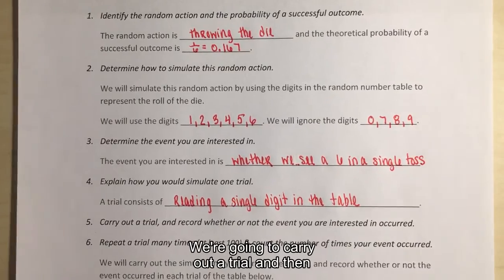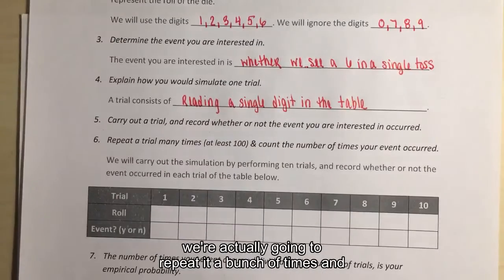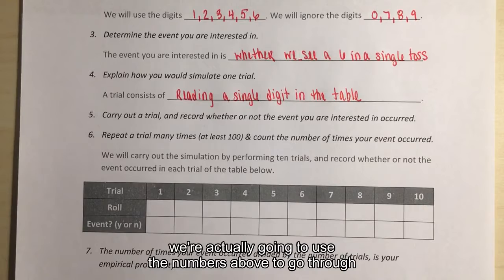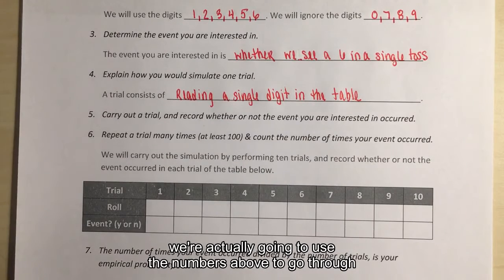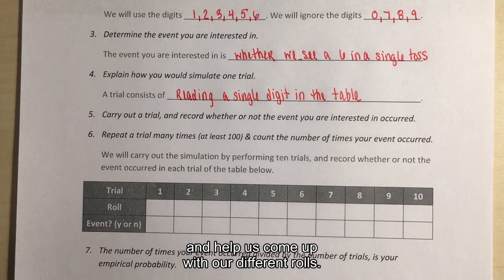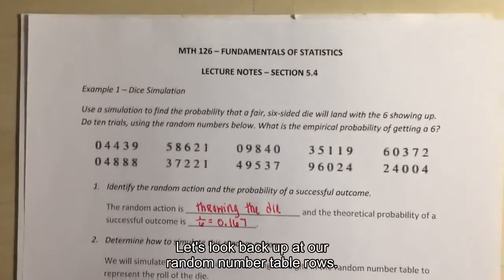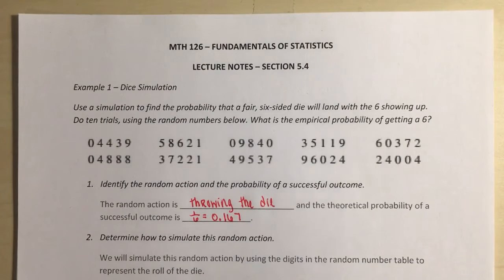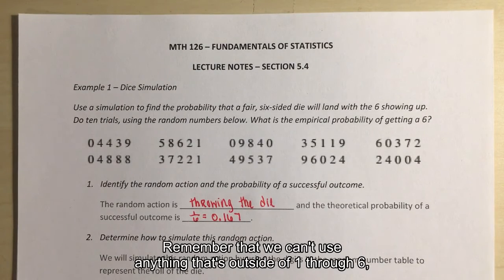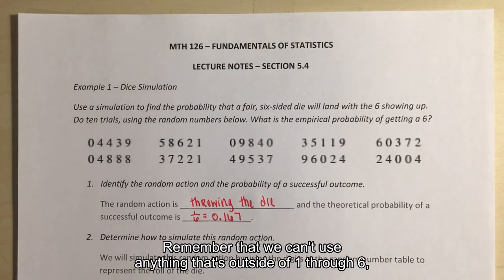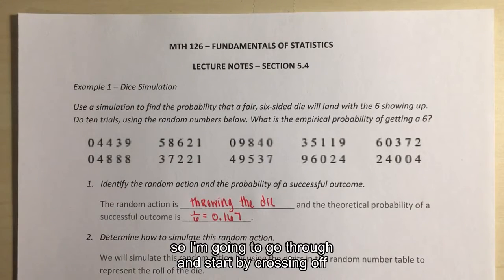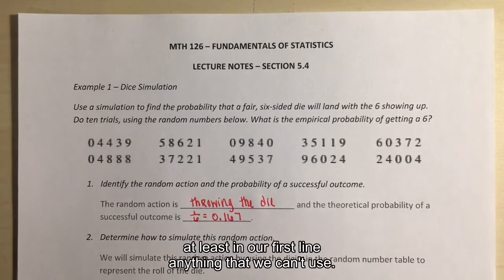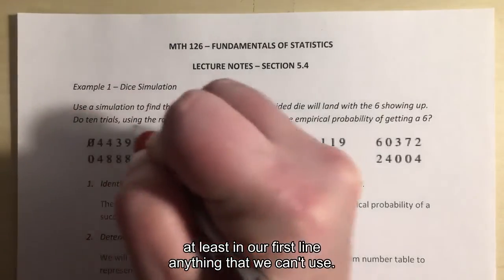We're going to carry out a trial, and then we're going to repeat it a bunch of times, using the numbers above to help us come up with our different rolls. So let's look back up at our random number table rows. Remember that we can't use anything outside of 1 through 6. So I'm going to start by crossing off, at least in our first line, anything that we can't use.